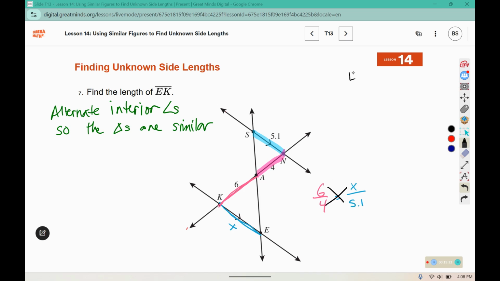This would give me 4x. And then we need 5.1 times 6, which is 30.6. Divide both sides by 4, which is 7.65 for this EK side length.